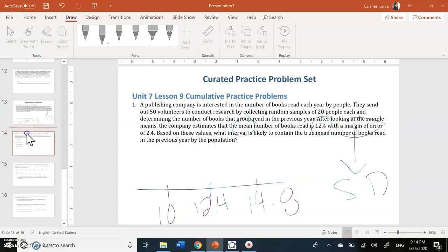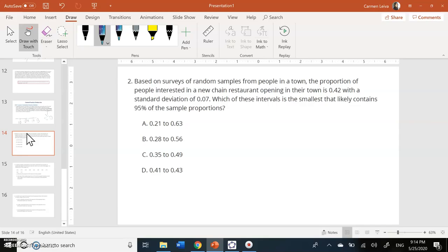In this one, they gave you the standard deviation, but instead of telling you directly what the mean is, they tell you the proportion. So this is the mean. You're going to treat this as the mean, and they tell you that it's 0.42.